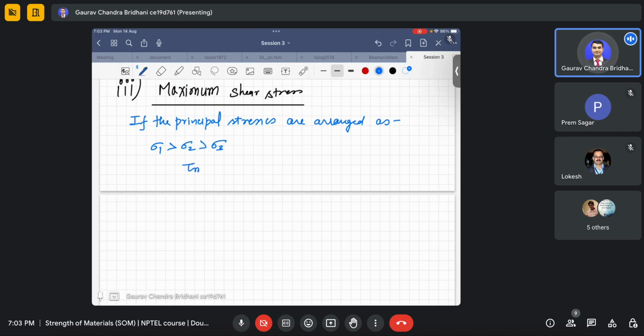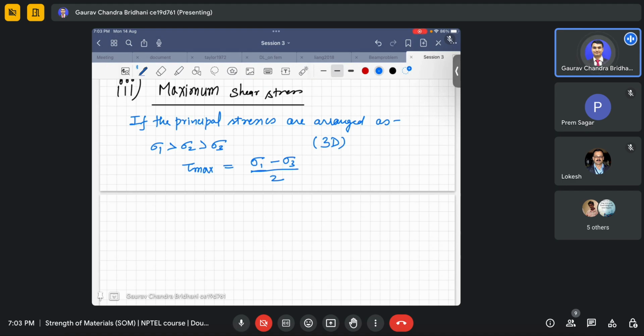Then we write the maximum shear stress, tau max, as sigma 1 minus sigma 3 by 2. This is for the 3D case.